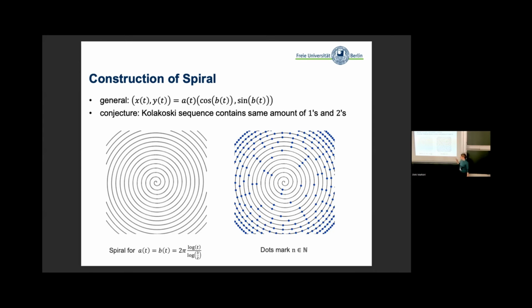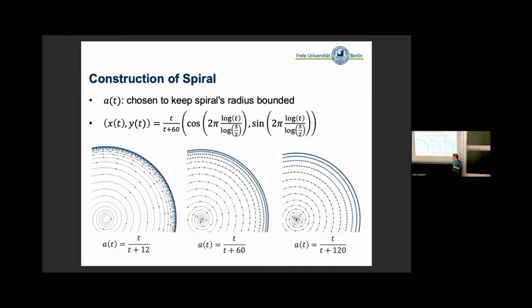And this gives actually a nicer distribution of the points, but we still aren't able to visualize the whole sequence on one single image. And this is the next point we would like to work on: not choosing these two equally, but finding some better representation for A of t. And this was actually done by experience, so trial and error.